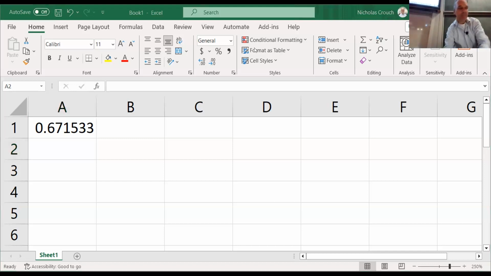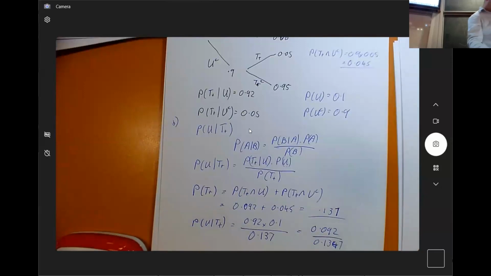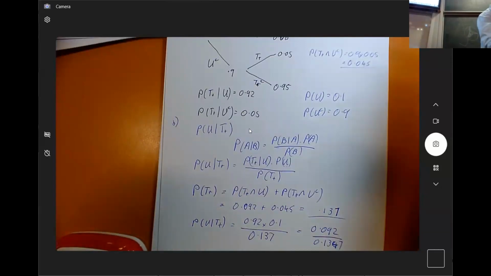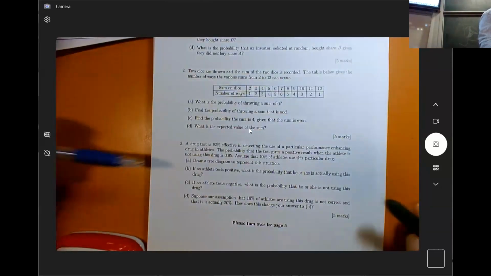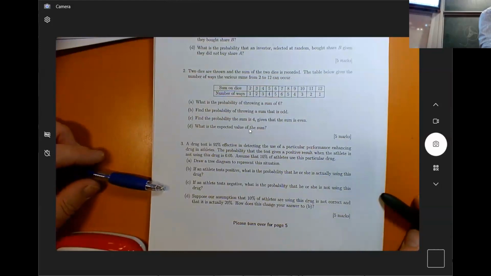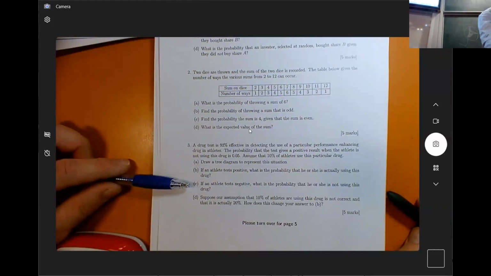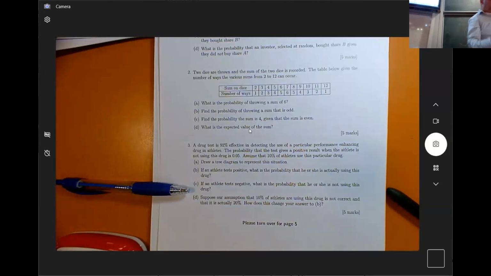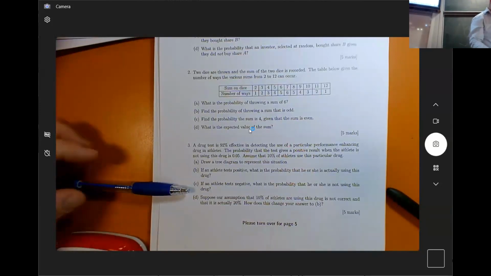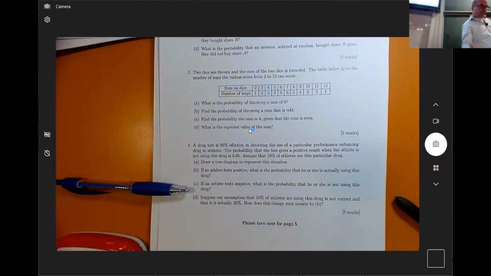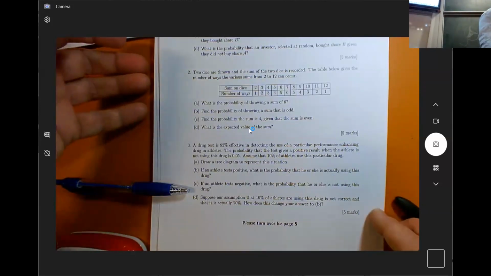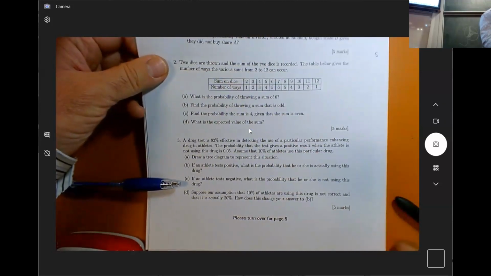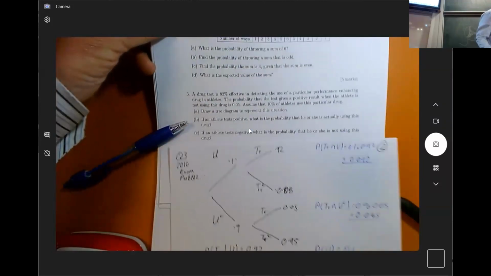So let's go back to that one. Let's look at the next part of the question. This is going to do the same thing, but we're going to flip it around. We're going to turn around the information and go, if the athlete tests negative, what is the probability that he or she is using the drug? That's an interesting question.